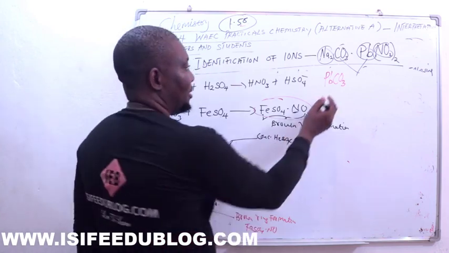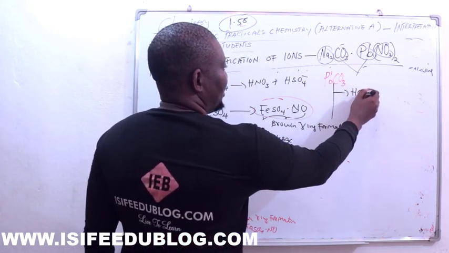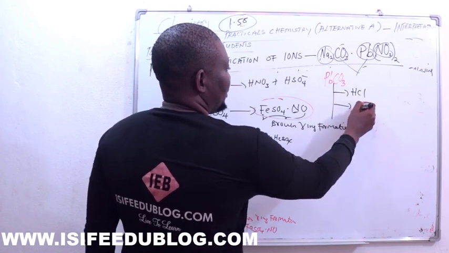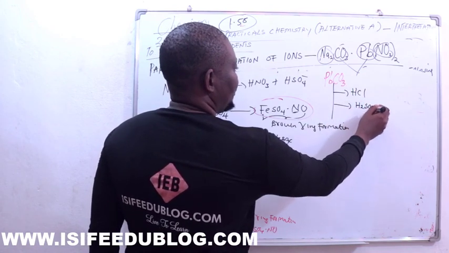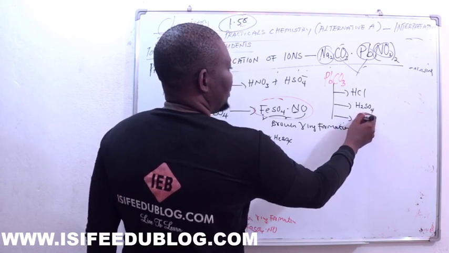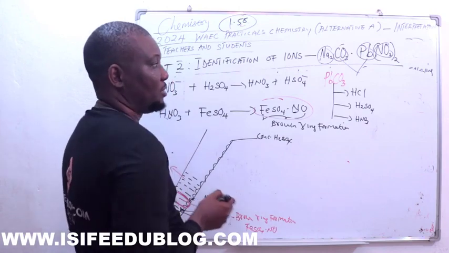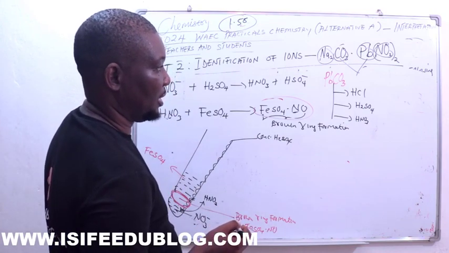There are 3 mineral acids. We have HCl, we have H2SO4, then we have HNO3. One of the acids will actually dissolve it.